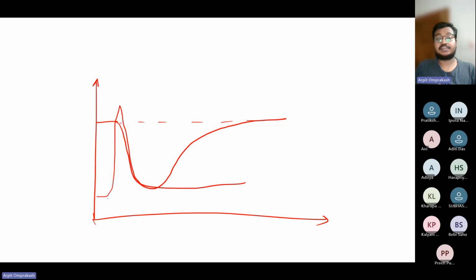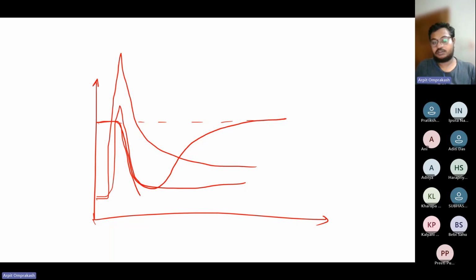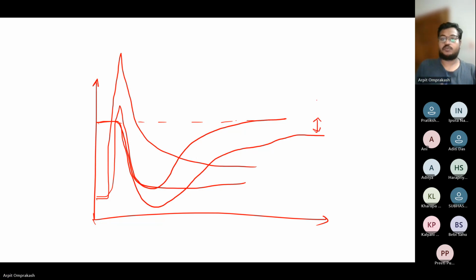Now let's say we increase the amount of disturbance in the system. Now what happens? The system goes down and it doesn't come up to the same level. So basically it has a dip now. So let's say A, this is A prime.